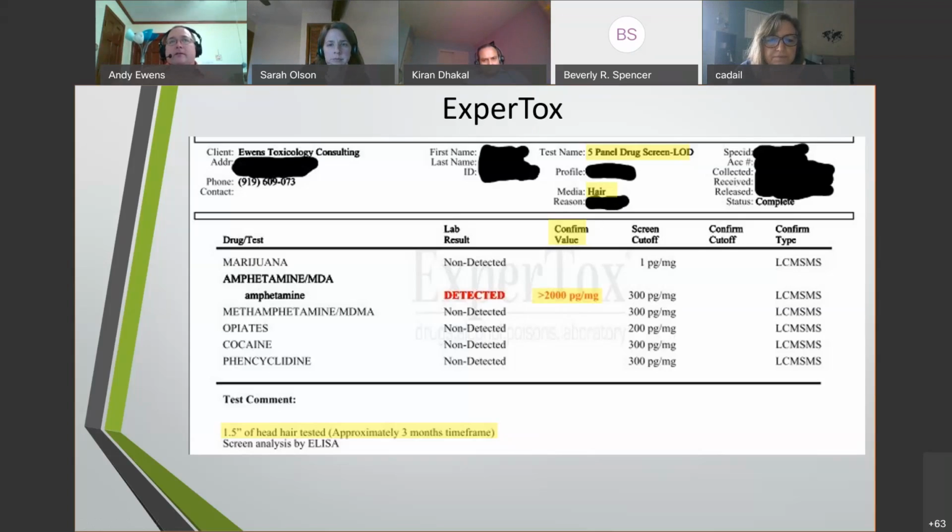The screening test, if you look down here in the footnotes, screen analysis was through ELISA. Dr. DeCall talked about that. That's the one where you have to wash the sample in between 2 steps. And then they used a confirmed test they show over here, which is LC-MS-MS, liquid chromatography mass spectrometry.